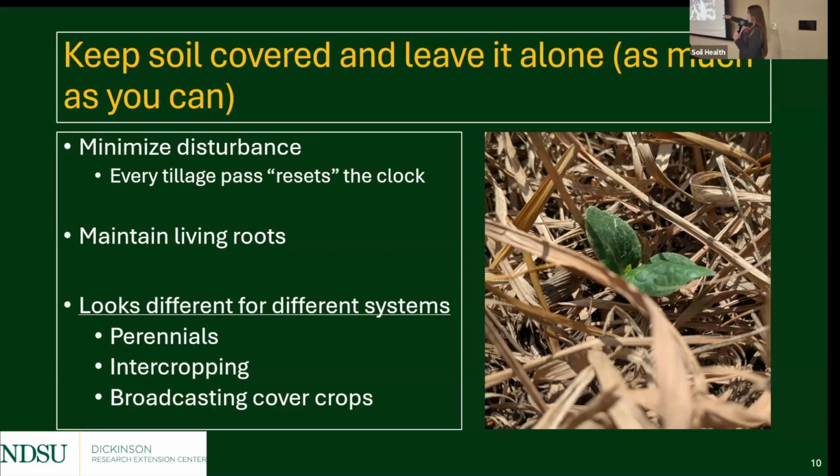So in rangeland soils, maybe you have different perennials and such, but in a cropland scenario where you are harvesting annuals, maybe you want to try some intercropping or cover crops in between your seasons, or even broadcasting cover crops into your current situation. But it's going to look different for everybody, and management is going to be very site specific depending on your goals and working with what you've got.